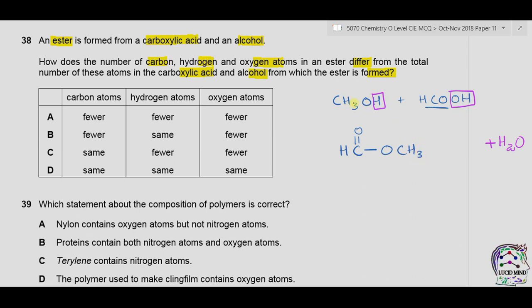The reactants taken: this one was a one carbon alcohol, so it is methanol. This one was a one carbon carboxylic acid, so it is methanoic acid. Now the ester formed from these two is methyl methanoate.